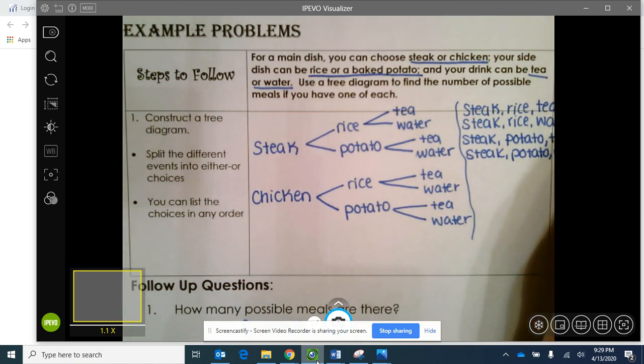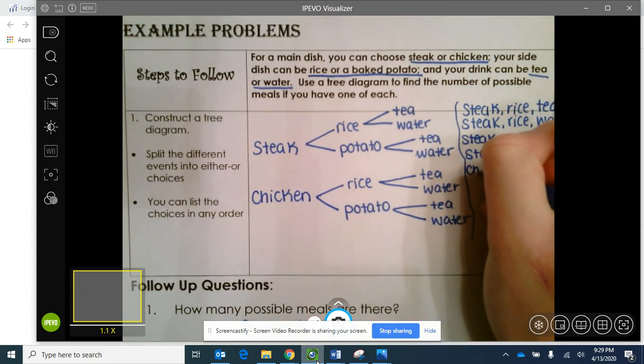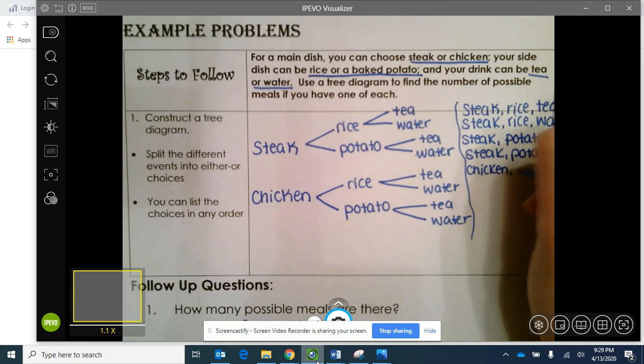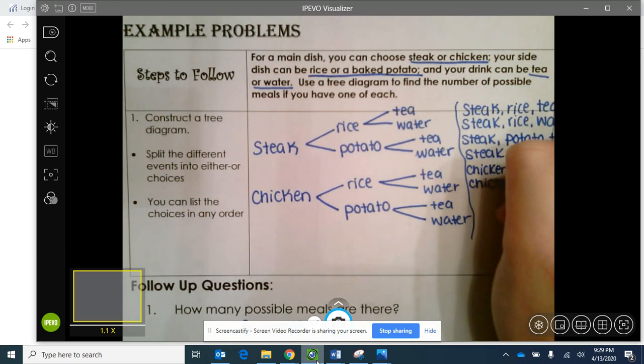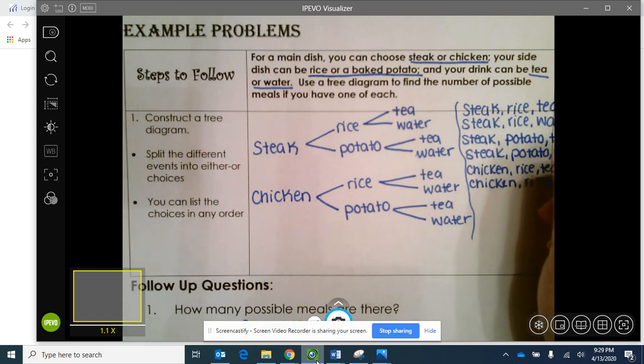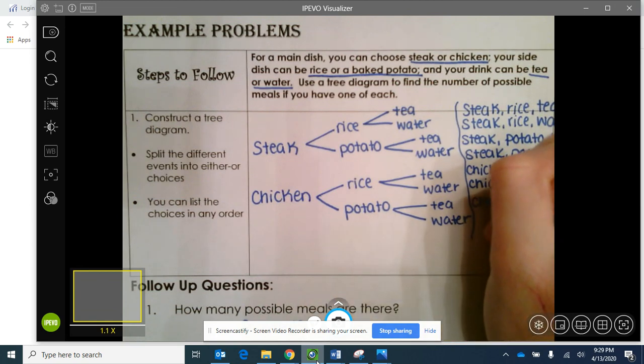And then if I look at my chicken options, I could have chicken, rice, and tea. I could also have chicken, rice, and water. That's my next branch. And then down here, I could have chicken, potato, and tea.